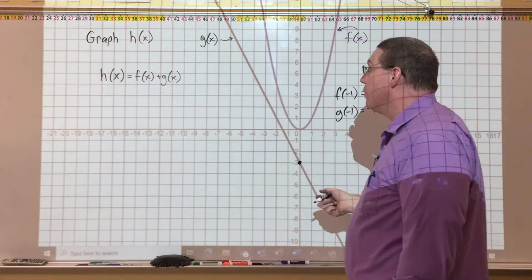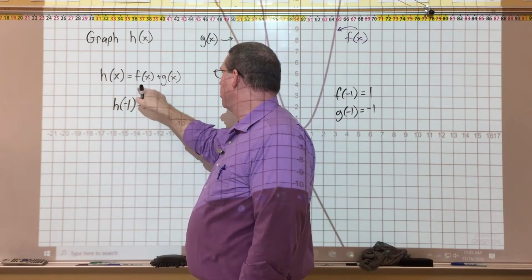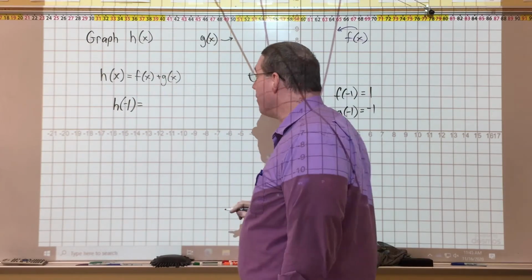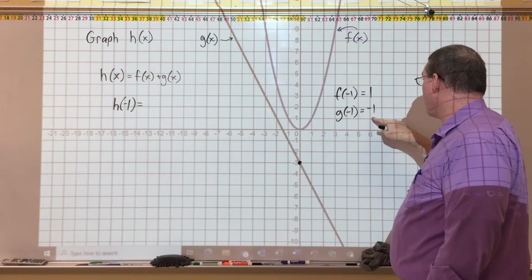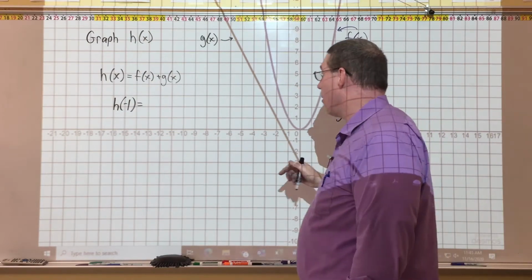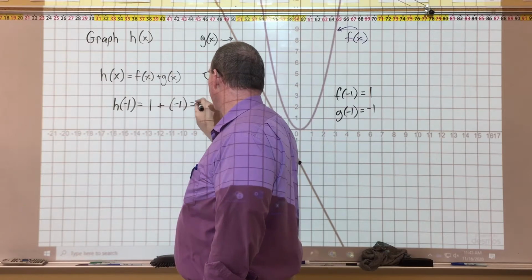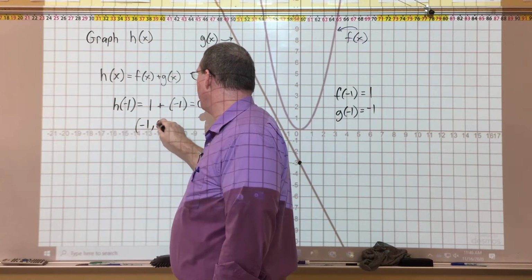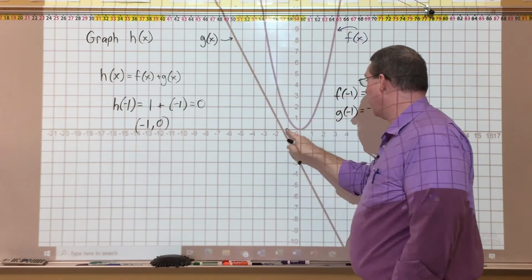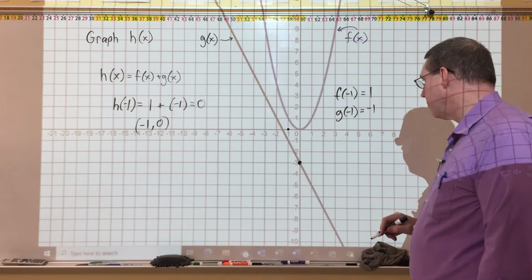And so now h of negative 1 is equal to f of negative 1 plus g of negative 1, right? Well, that's 1 plus negative 1. Well, that's 0, right? So 1 plus negative 1 is equal to 0, and therefore h of x passes through the point negative 1 and 0. So at negative 1, we're going to put a 0 right there, okay?